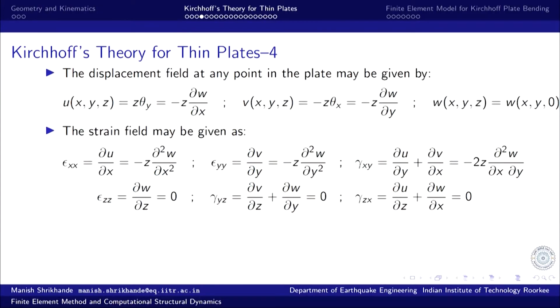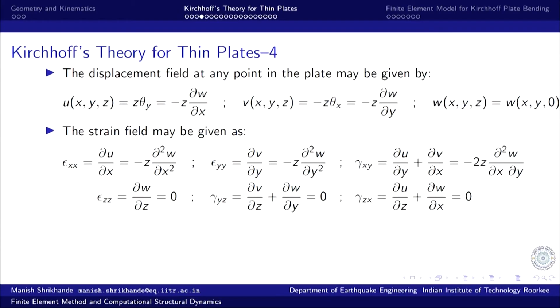So, epsilon xx, the direct strain, is given by the partial derivative of u with respect to x, which relates it to the curvature of the flexure of the plate, and similarly epsilon yy, the direct strain along the y direction, is also related to the curvature. Then we have the shear strain, del u by del y plus del v by del x, which is related to twice z del 2 w by del x del y.